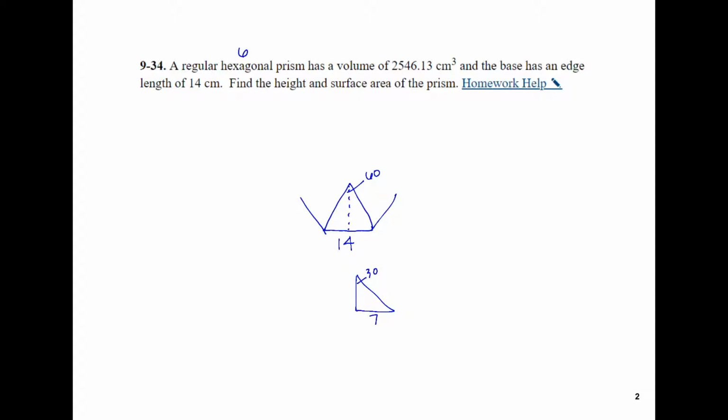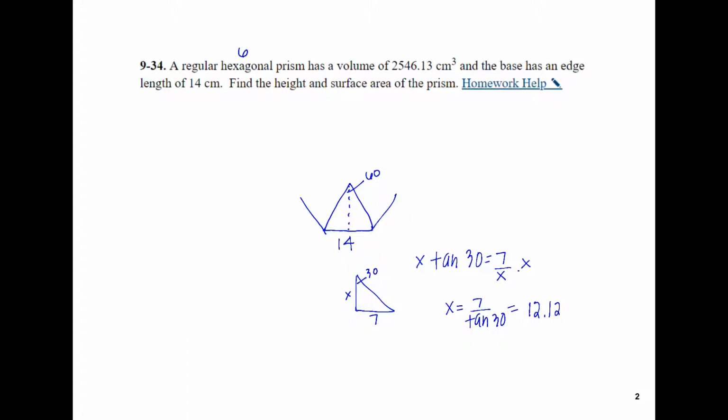We need to find the height, so we're going to use the tangent of 30 degrees is equal to the opposite over the adjacent. We're going to multiply by x, divide by tangent of 30, which gives us approximately 12.12 for our height.